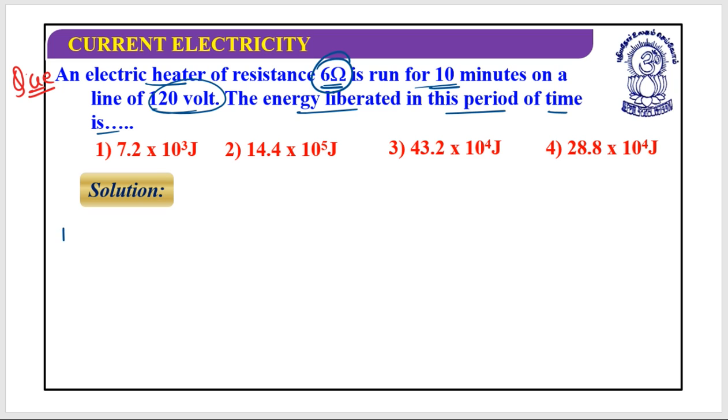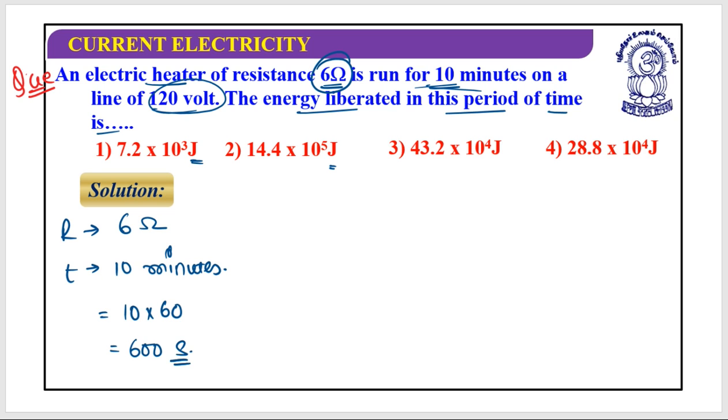An electric heater of resistance R is given, it is 6 ohm, and it is running for 10 minutes. So time is given, that is 10 minutes, but I need to convert it to seconds because the unit is the joule. It's 10 into 60, that is 600 seconds, on a line of 120 volt. The voltage is given, it's 120 volt. So you need to find out the energy.